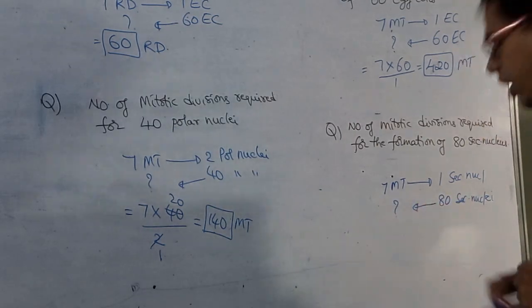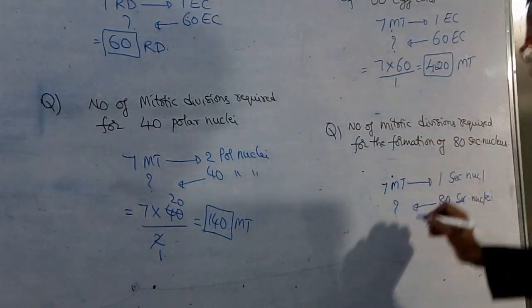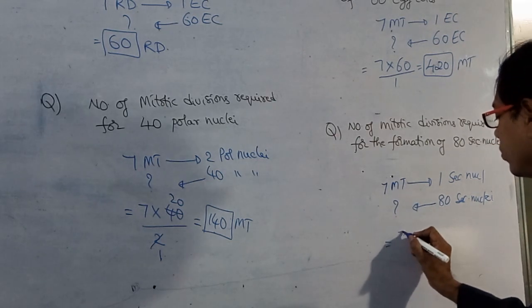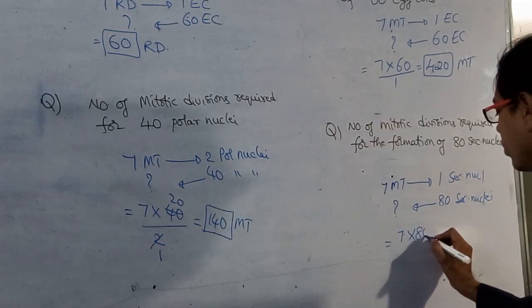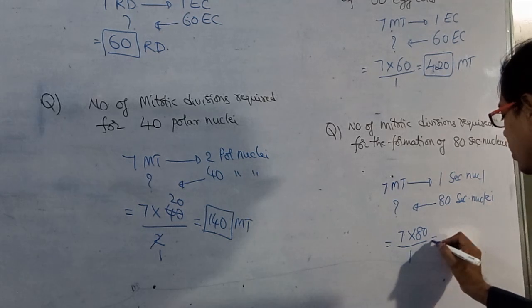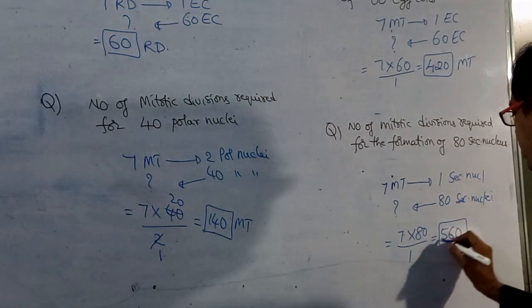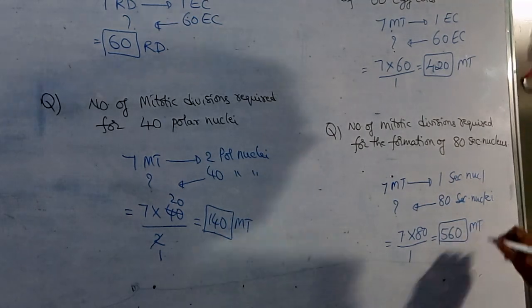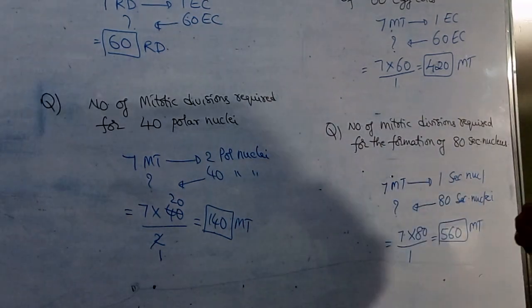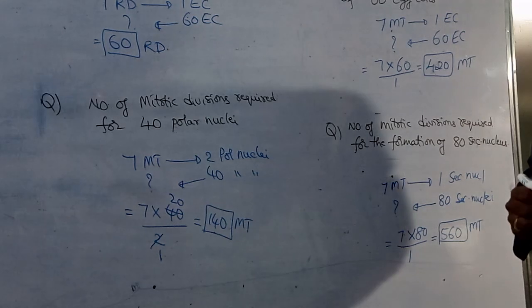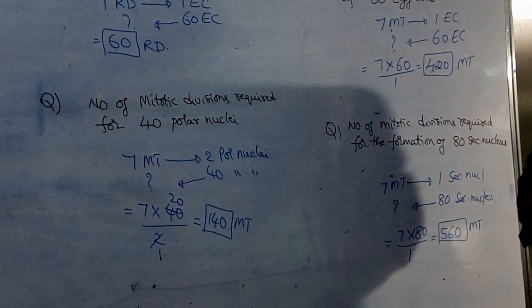How many mitoses are required? Cross multiplication, that is equal to 7 into 80 divided by 1, that is equal to 560 mitosis.